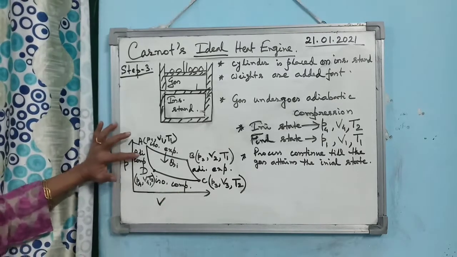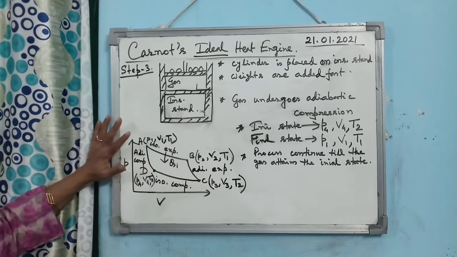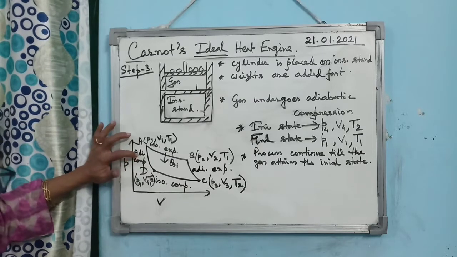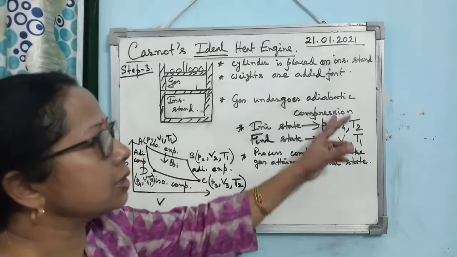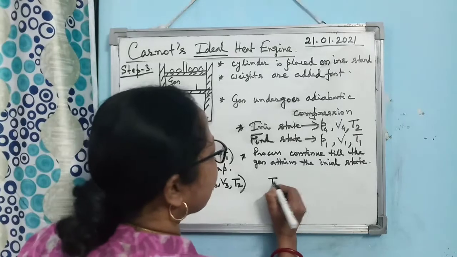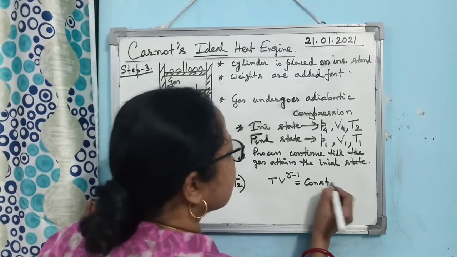And adiabatic compression means, whenever adiabatic comes, you have to keep it on the insulating stand, and you have to add the weight faster because it is an adiabatic compression. Alright, so in this case also you can write TV to the power gamma minus 1 is constant.